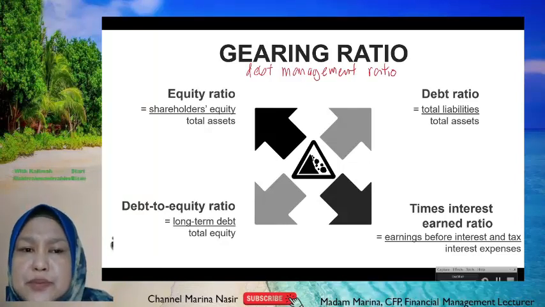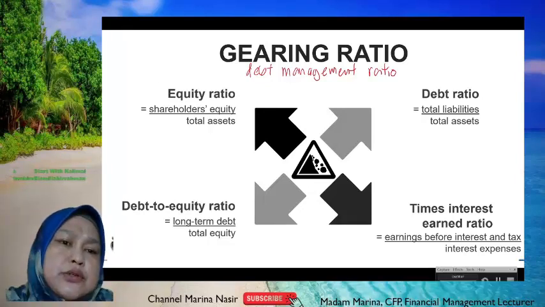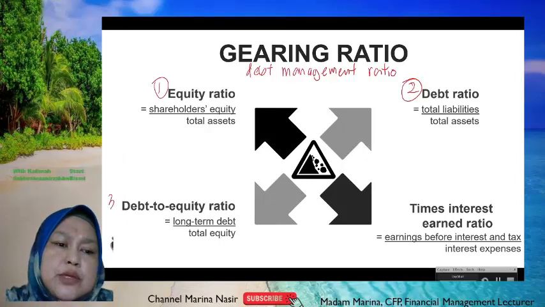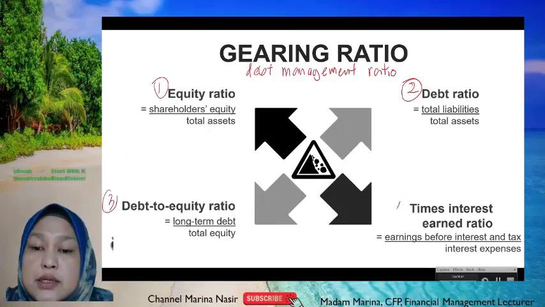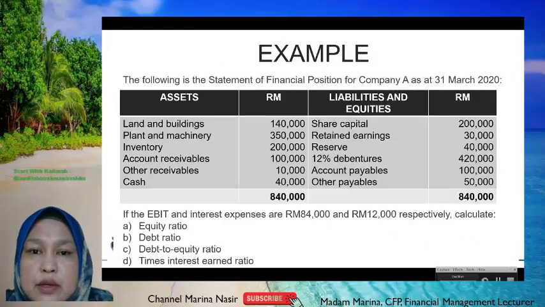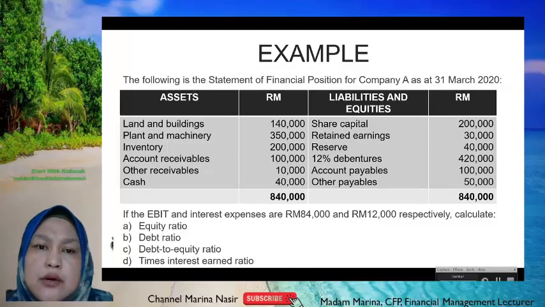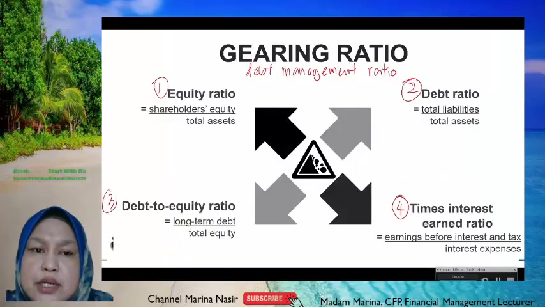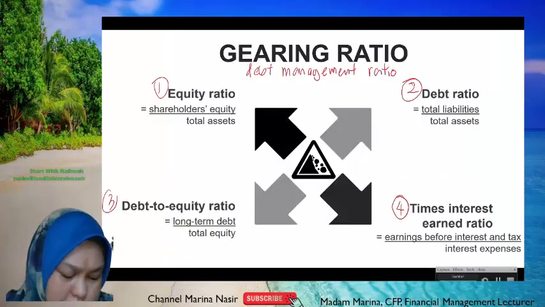In the debt management ratio, we have 4 ratios. The first is the equity ratio, the second is the debt ratio, the third is the debt to equity ratio, and the last is the times interest earned ratio. We still use the same financial information data for the SOFP. How to calculate the equity ratio? Shareholder equity divided by total asset.